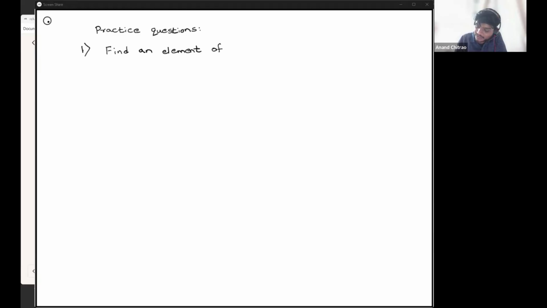Find an element of order 42 in S13. What's the answer?